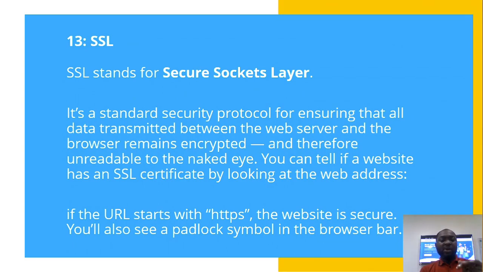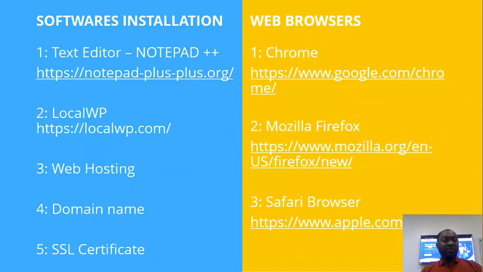SSL ensures that the data is sent in a secured way, so a sniper cannot easily tap into that connection and get out details. The details are encrypted as much as possible. There are a lot of service providers that sell SSL certificates, and most of them can easily be gotten from your web hosting company. We will also tell you the web hosting company we recommend for this training.